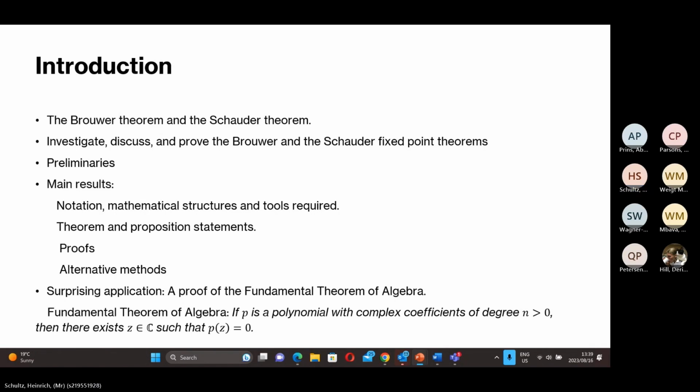Sorry, that's fine. Sure. So after the Borsuk-Ulam theorem, we will proceed by showing how the Gell-Mann theorem and the Borsuk-Ulam theorem lead to proofs of the Brouwer and Schauder fixed point theorems. And then after that, we will introduce two alternatives to proposition 1, which we will see a little bit later. And then lastly, in chapter 4, we will show a surprising application of Brouwer's fixed point theorem, namely the proof of the fundamental theorem of algebra, which was first proved by Carl Friedrich Gauss in 1799.